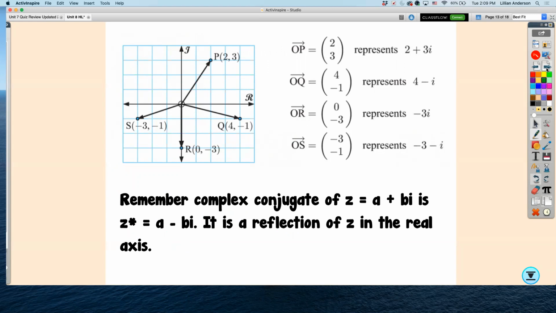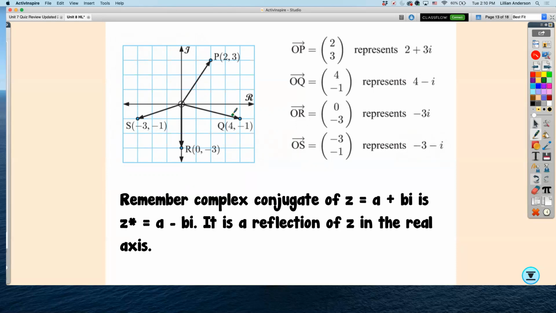OQ, 4 minus i. OR, basically negative 3i. Again, anything that's purely imaginary lies on the vertical axis. Anything that's purely real lies on the horizontal axis. Vector OS, that's negative 3 minus i. So again, you can make the correlation between vectors and complex numbers.